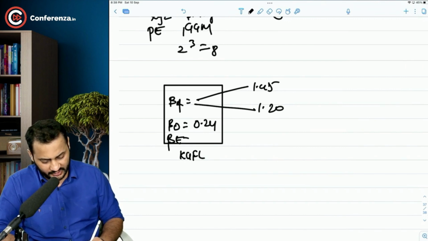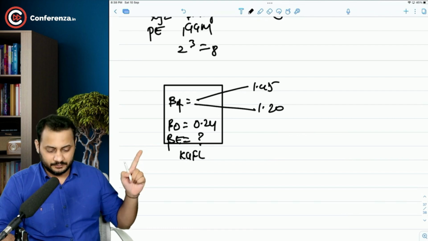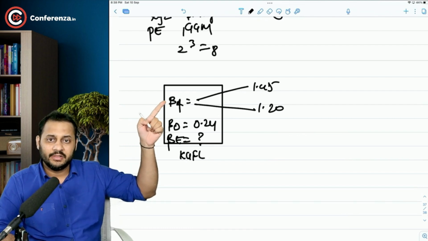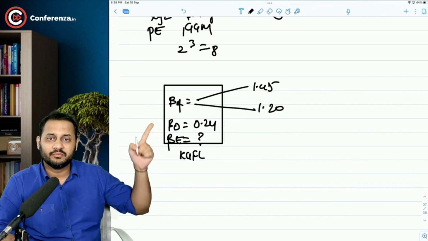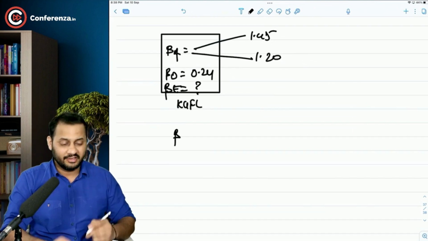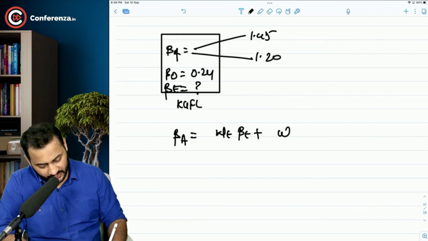We can calculate the equity beta. In order to calculate the equity beta, we first have to calculate the asset beta. Asset beta is equal to the weighted average of the debt and equity beta. If you remember the geared and ungeared formula, asset beta is equal to weight of equity multiplied by beta of equity plus weight of debt multiplied by beta of debt.